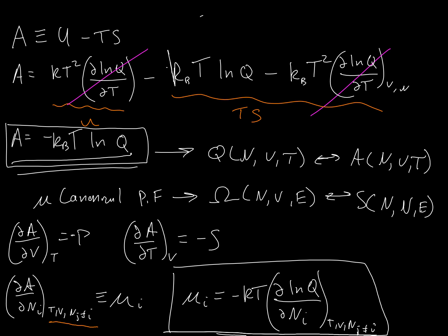And from here we can go on. As an example, if we want to crunch the numbers, we can calculate the enthalpy using the canonical partition function, which is U plus PV, internal energy plus the PV expansion work.